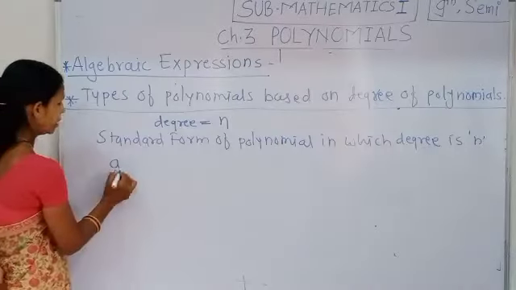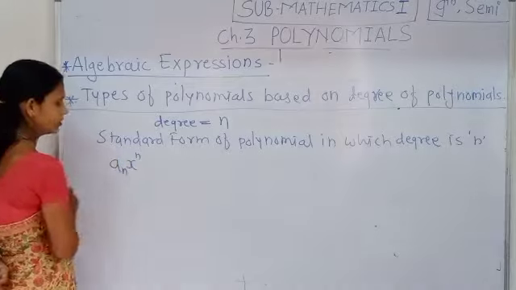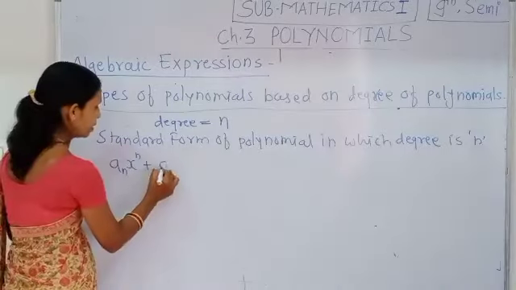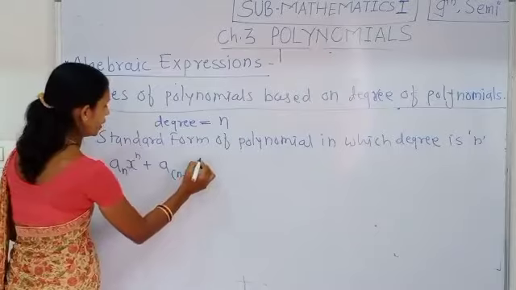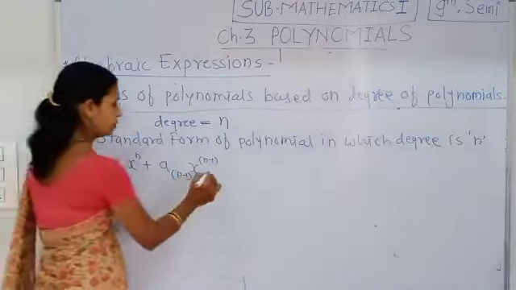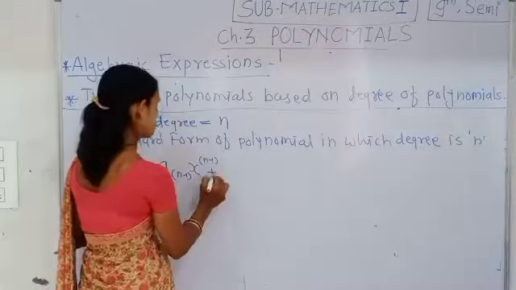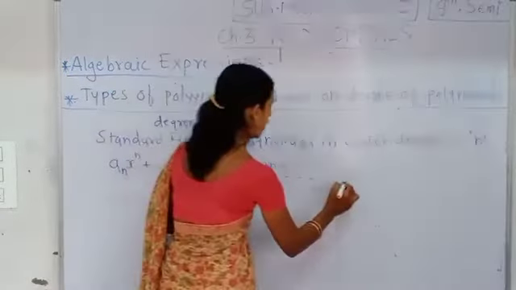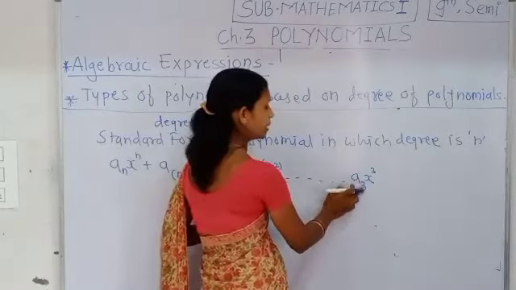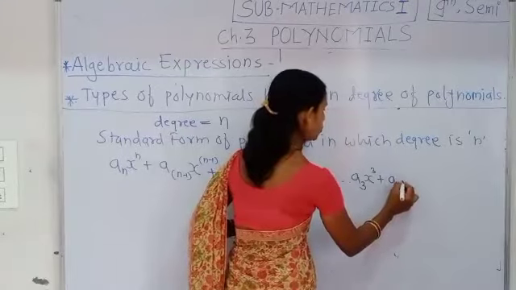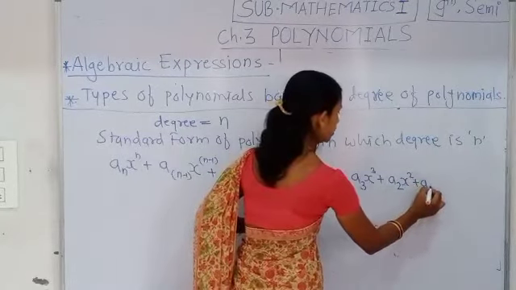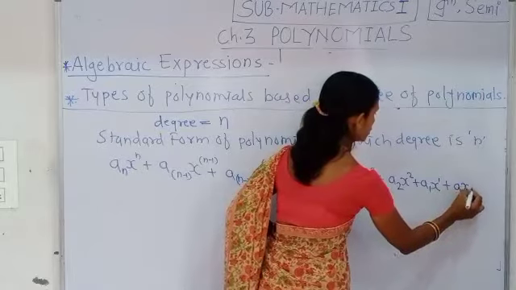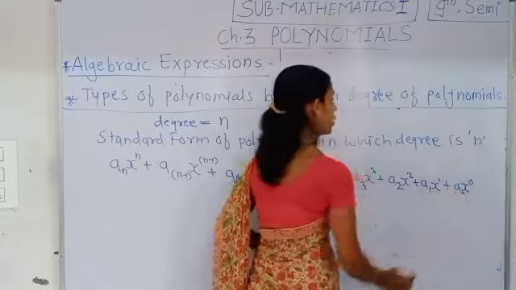Therefore, we can write this as a(n) x raised to n, where a(n) is a coefficient, plus a(n minus 1) x raised to n minus 1, and like that plus a(n minus 2) x raised to n minus 2, and so on, down to a3 x cube plus a2 x square plus a1 x raised to 1 plus a0 x raised to 0.